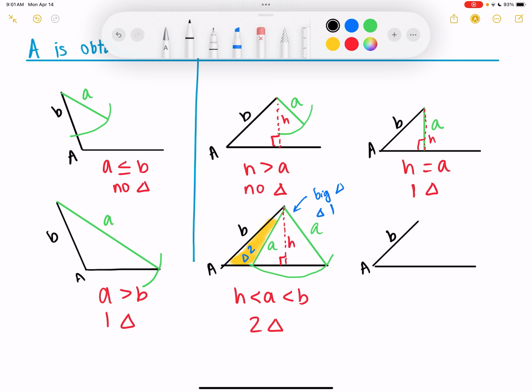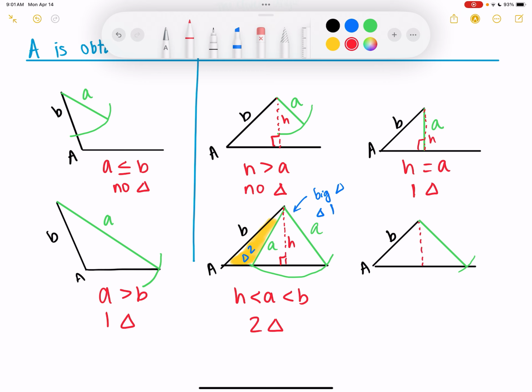So this is angle A, side B again. Let me see. Yeah, that's fine. So in this case, it just hits, and it's going to be hard to see, but basically it would not go back through. My picture's not great with this one, but it would not go back through here.